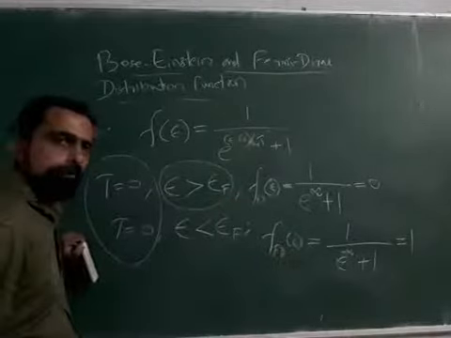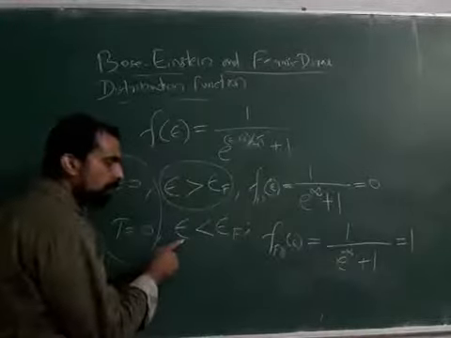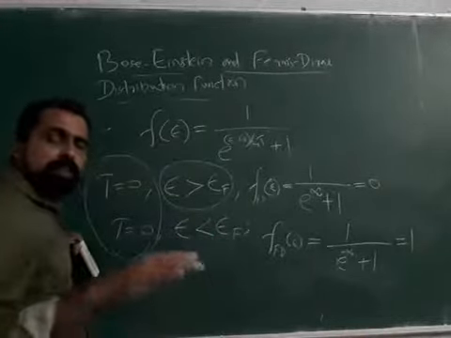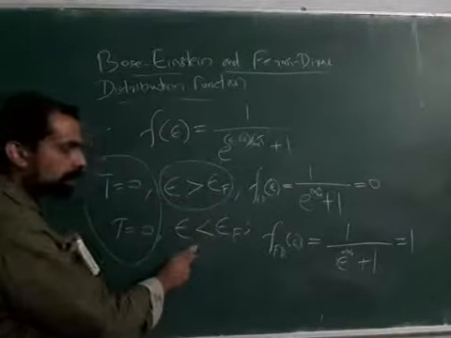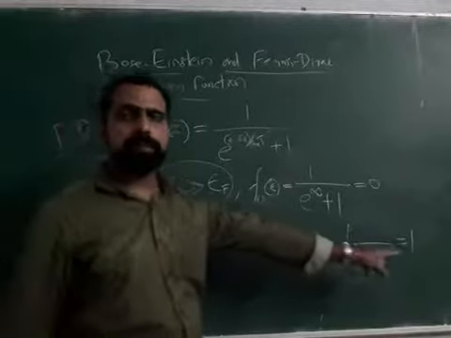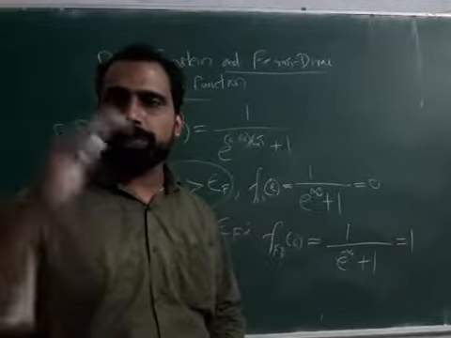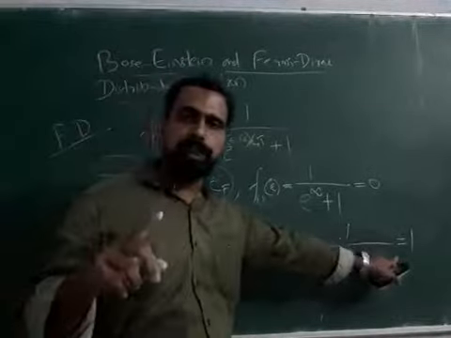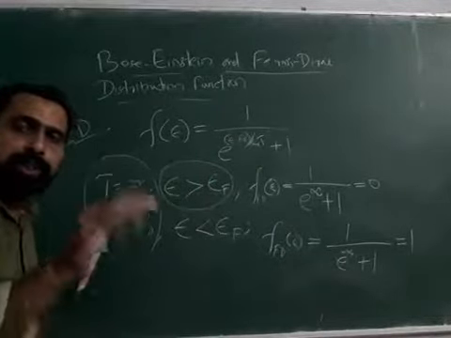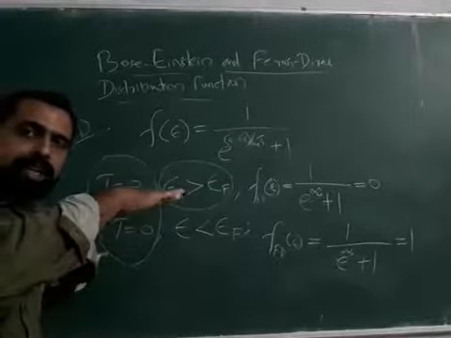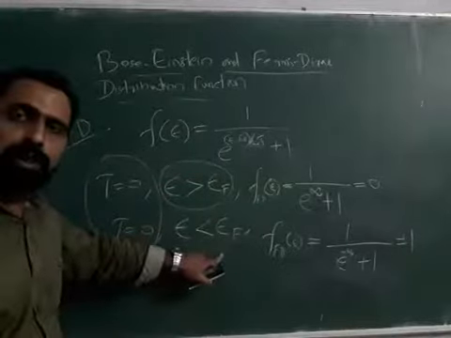And at absolute temperature T equal to 0, when epsilon is less than epsilon f, whatever the energy level less than the epsilon f value, your distribution function gives 1, because for the Fermi distribution function the maximum probability is 1. So the maximum value you get at absolute 0 if the energy state of the particle is less than epsilon f.